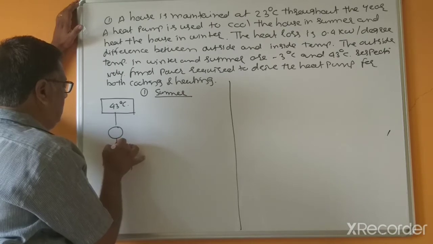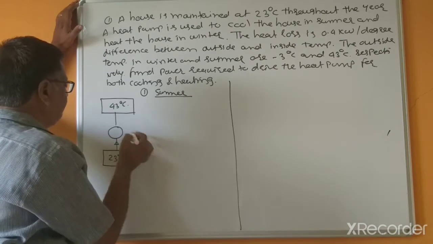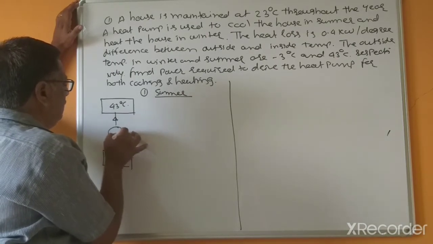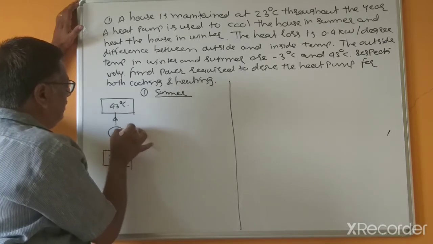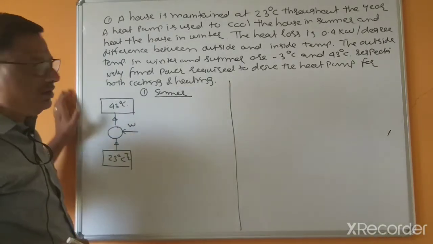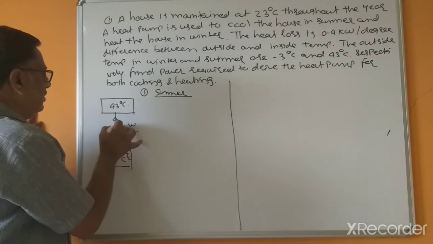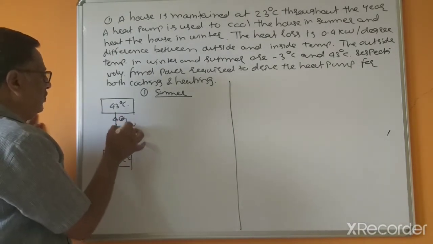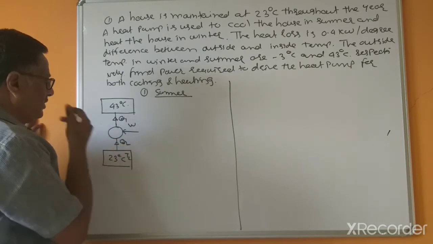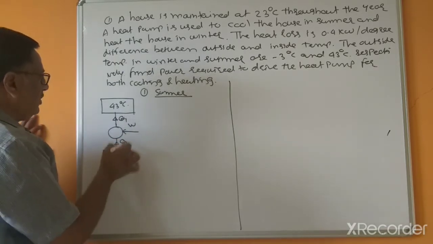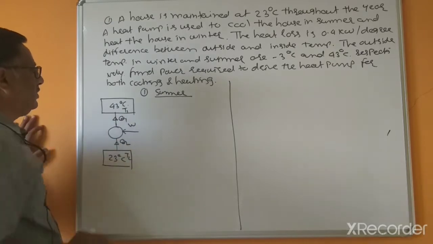It extracts heat and converts it to work, like a refrigerator. This is Q1 and this is Q2, and this is T1 and this is T2.